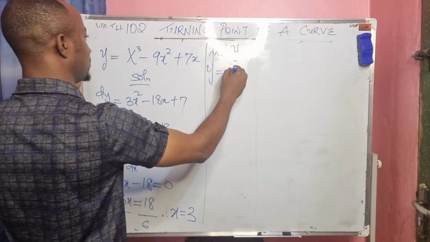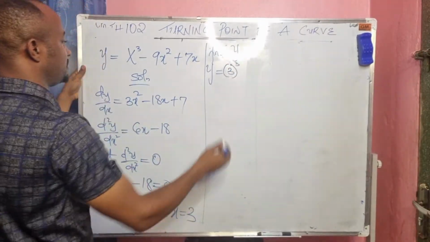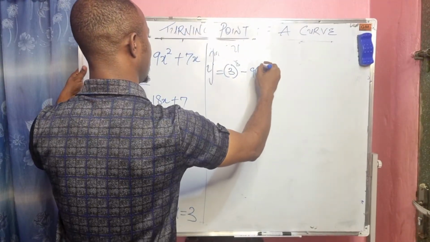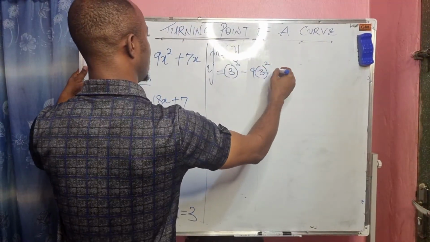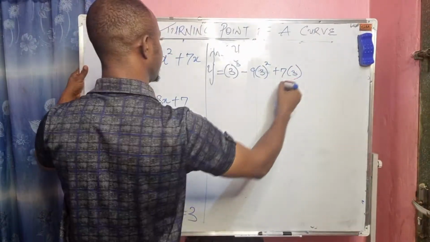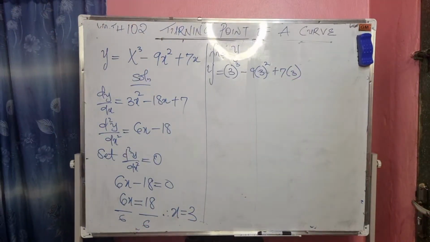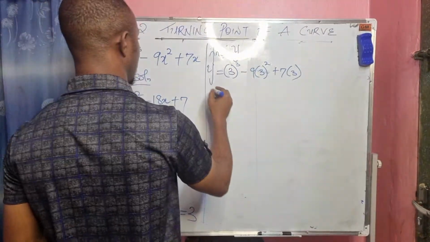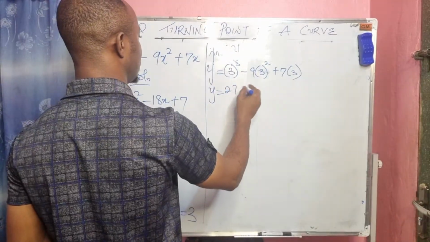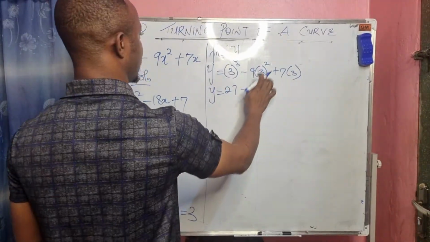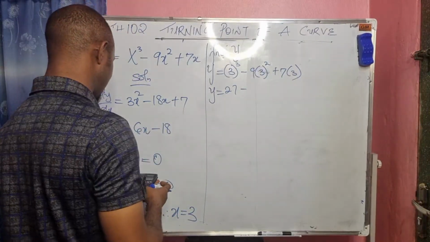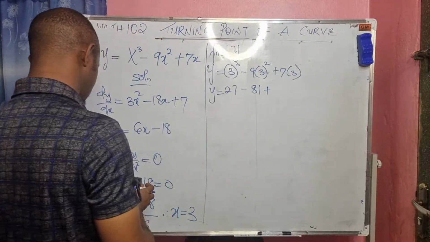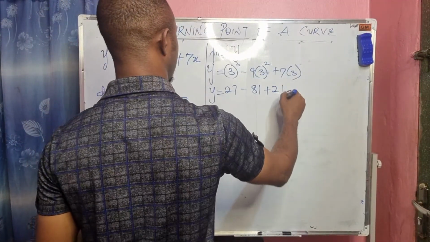That will give me 3 to the power of 3 minus 9 times 3 to the power of 2 plus 7 times 3. So here we have 27, 3 to the power of 3 is 27. So y is equal to 27 minus, 3 to the power of 2 is 9, 9 times 9 is 81, plus 21.